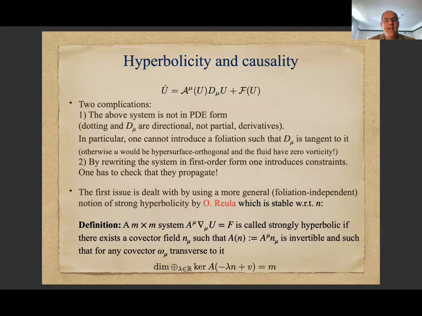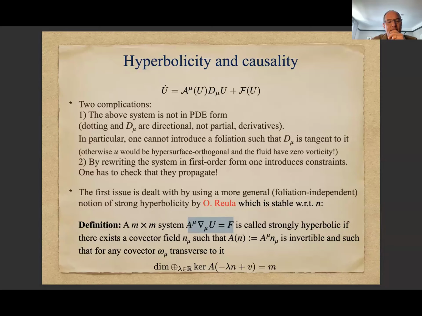So the first issue is dealt with by using a more general notion of strong hyperbolicity, which doesn't depend on any foliation or any coordinates, which was given in a paper by Oscar Reula. And then you just write the system in space-time.